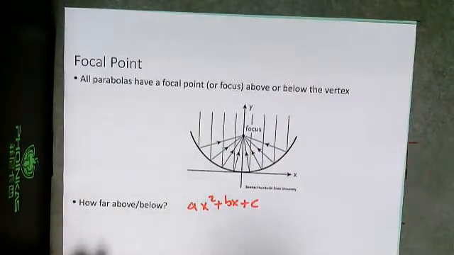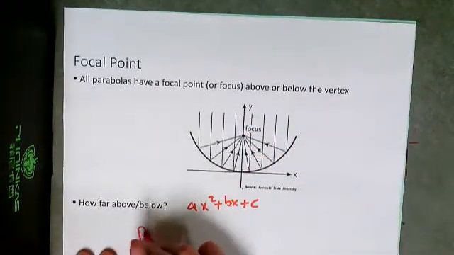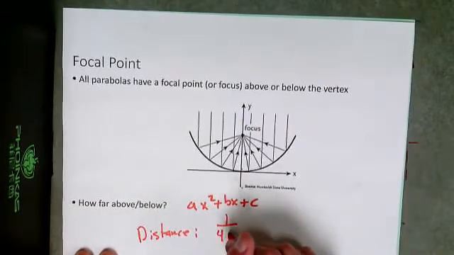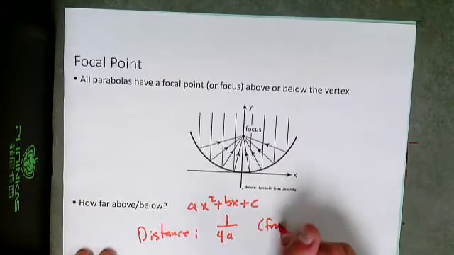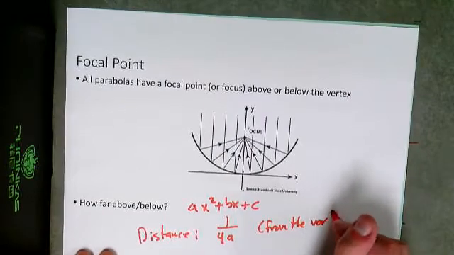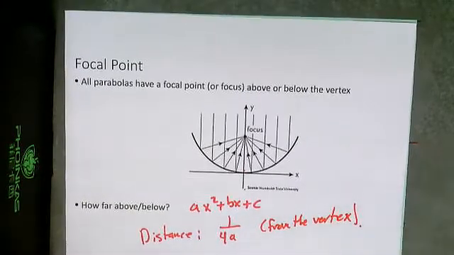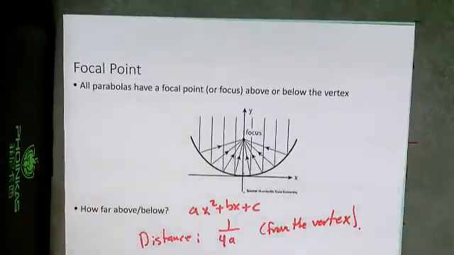The distance, like how far above or below your focal point is going to be, is a distance 1 over 4a from the vertex. Focal points are kind of useful. We'll get to that a bit later, but it's good to have a first starting knowledge of it now.